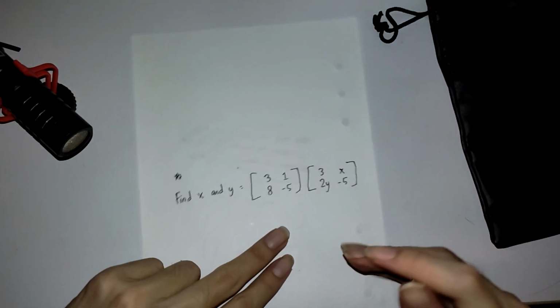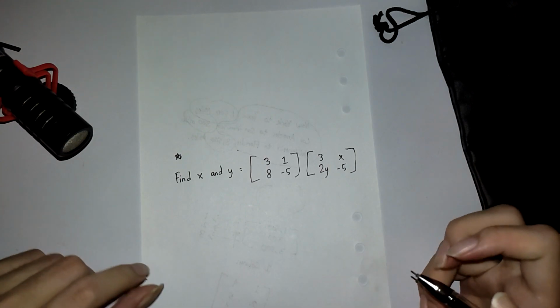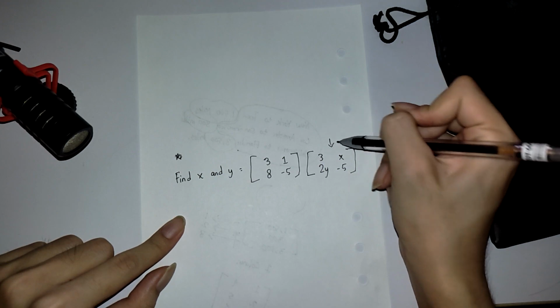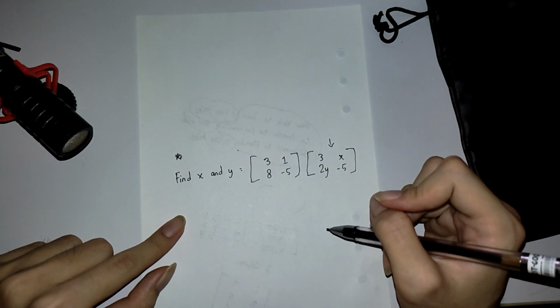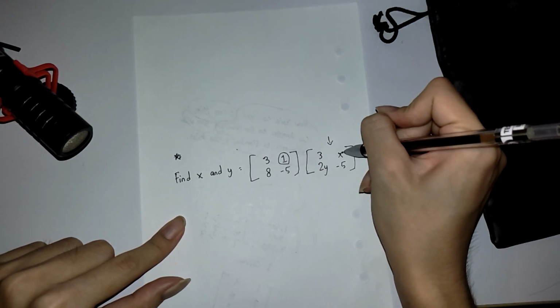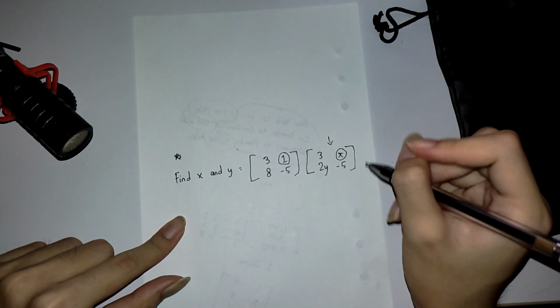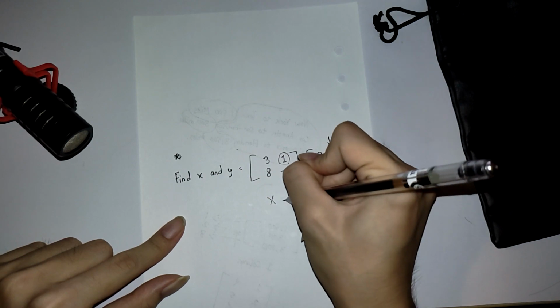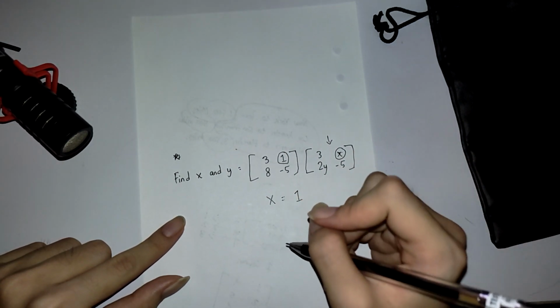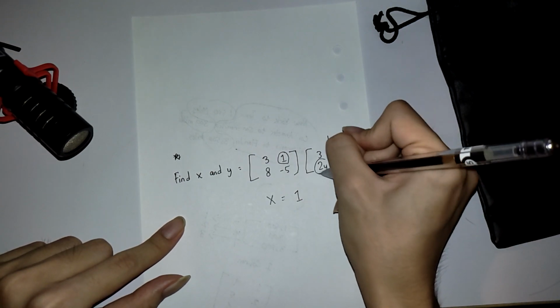So, how do we find x and y? We see on the second matrix here that x is in the same position as number 1 in the first matrix. Therefore, x is equal to 1. Same thing for 2y.